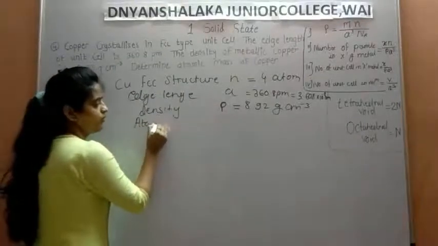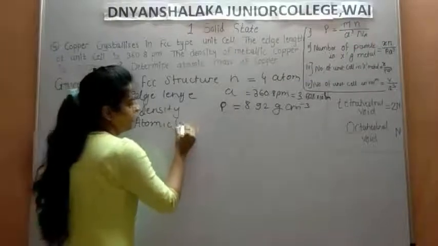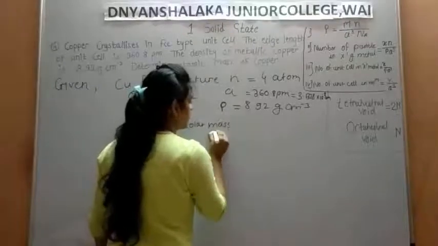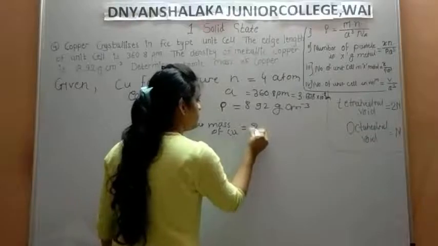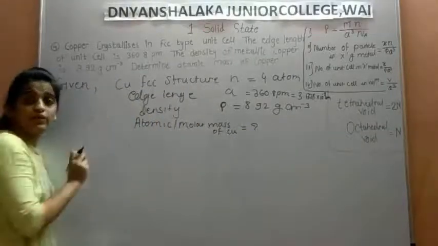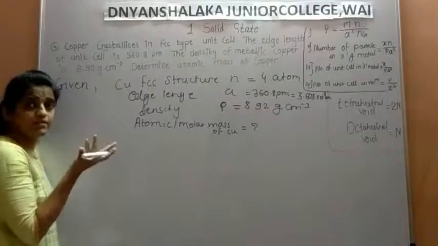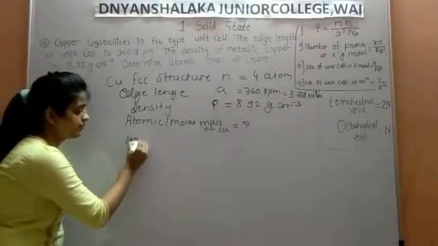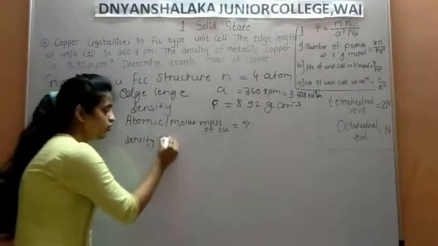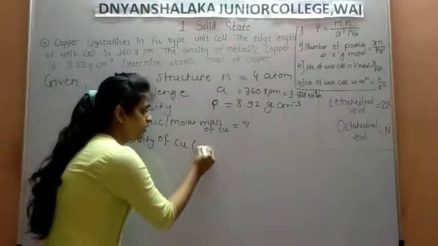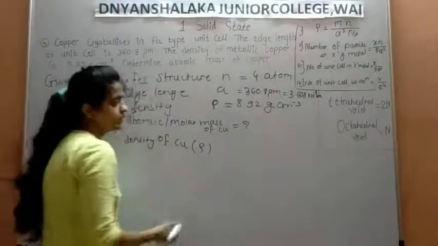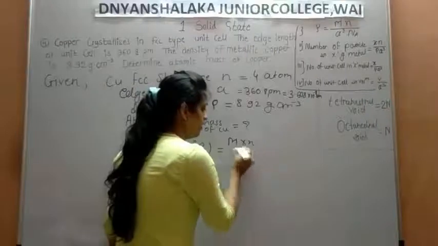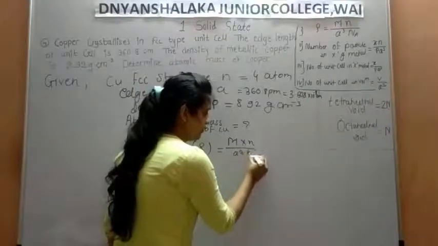Means molar mass of copper. Atomic or molar mass of copper, question mark. So atomic mass of copper element means only one element, copper crystal. So we have to write molar mass. Density of compound means density of copper. Symbol is rho. So written like this, rho equals M into n upon a cube into Na.